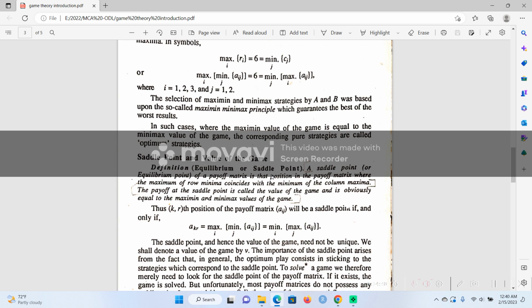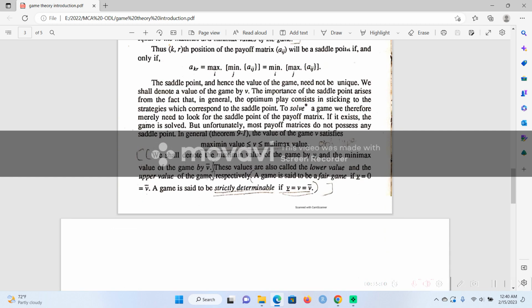The payoff at the saddle point is called the value of the game, and is obviously equal to the maximin and minimax value of the game. So we denote the maximin by V lower bar and the minimax by V upper bar.